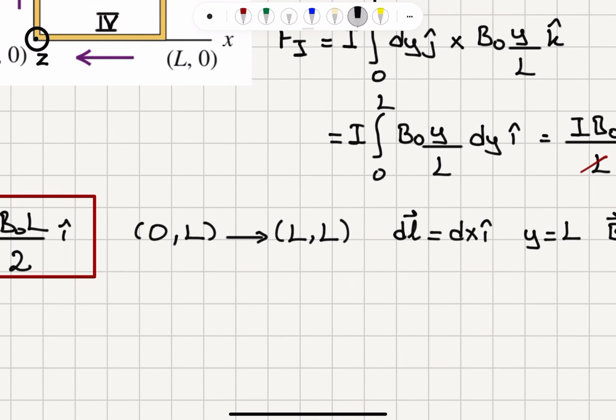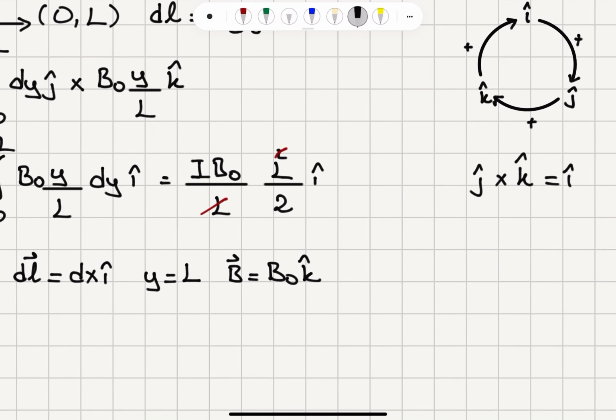Okay, so the force on the second segment can then be written as I integral as x goes from 0 to L of dx i hat cross with B0 k hat. Now the question is, what is i hat cross k hat? I'm going in the negative direction. So if I go in the reverse direction, this is negative. I hat cross k hat is minus j hat.